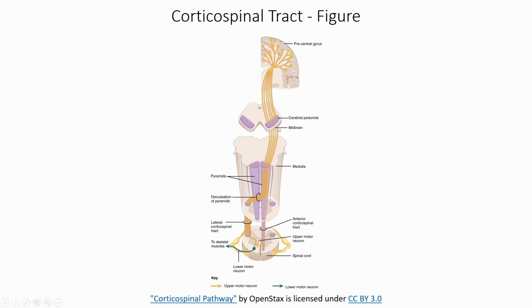If it's for the trunk, right, we're moving down, same pathway, except instead of going through the decussation of pyramids, we're going to go straight down in the anterior corticospinal tract, right, and then at the last minute, we're going to cross over, right. So this pathway here that I'm tracing with my mouse, this is for the controlling of muscles in the limbs.